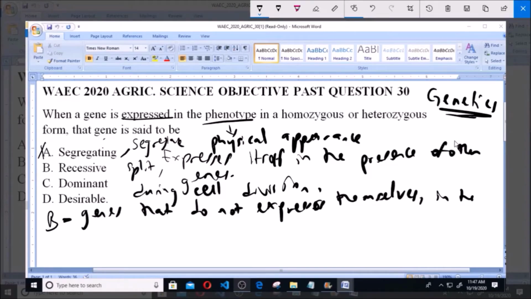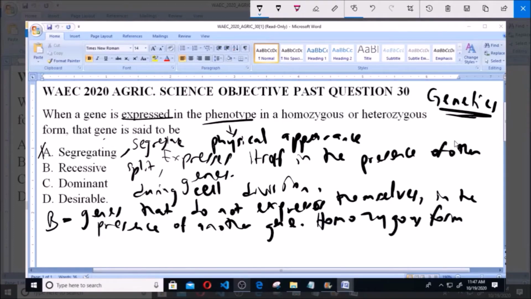Another thing to note about a recessive gene is that it's only expressed in homozygous form, that is, when the genes occur in pairs. So a gene that only expresses itself when it is paired with a gene that is the same as itself is called a recessive gene.